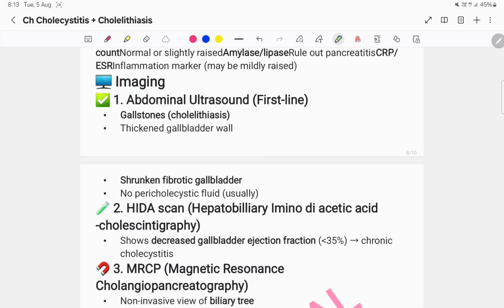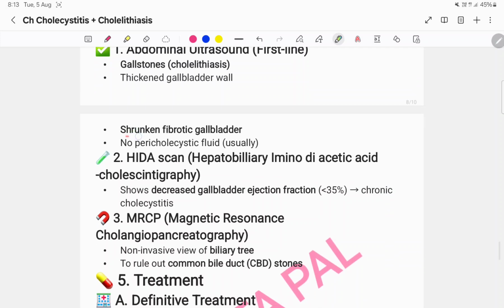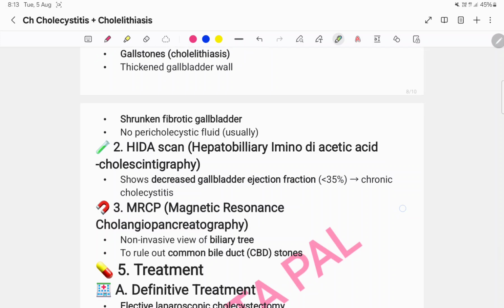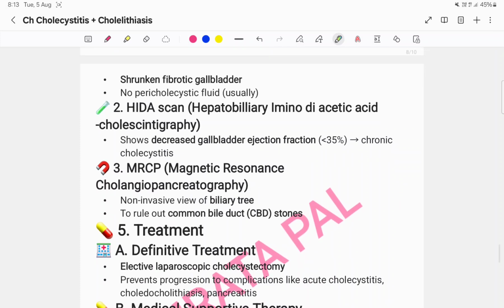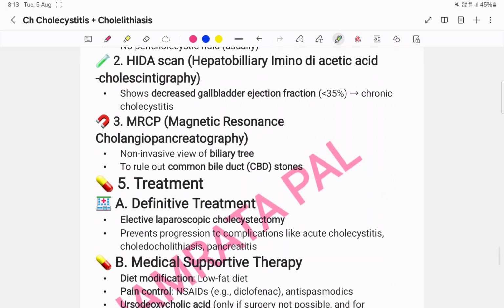Abdominal ultrasound is the first-line investigation to detect the location of the gallstone and obstruction. It also identifies a shrunken fibrotic gallbladder. Next, HIDA scan, that is hepatobiliary iminodiacetic acid scan. Cholecystography can be done, or MRCP, that is magnetic resonance cholangiopancreatography.